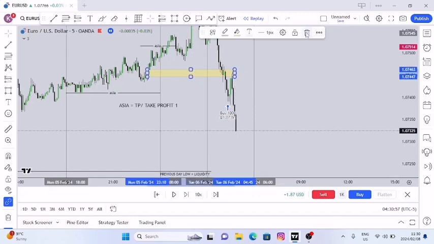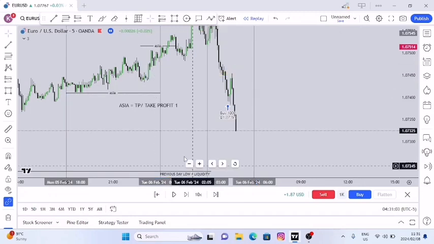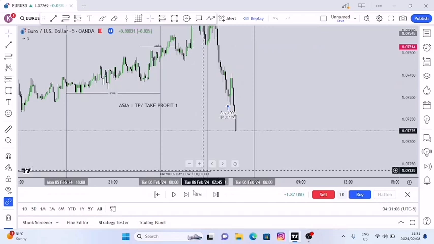But if you only took one trade and you are holding, either you didn't jump out here and you are holding for this, you would still be there. You would put your stops at break even, so your stop loss would probably be like here, right?